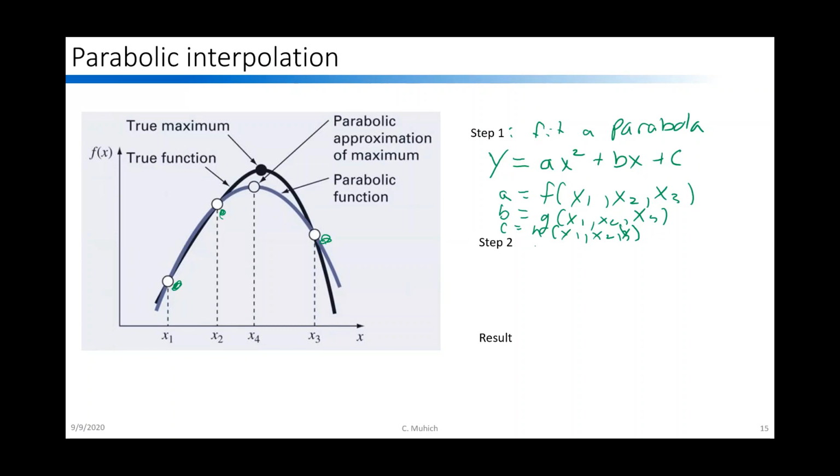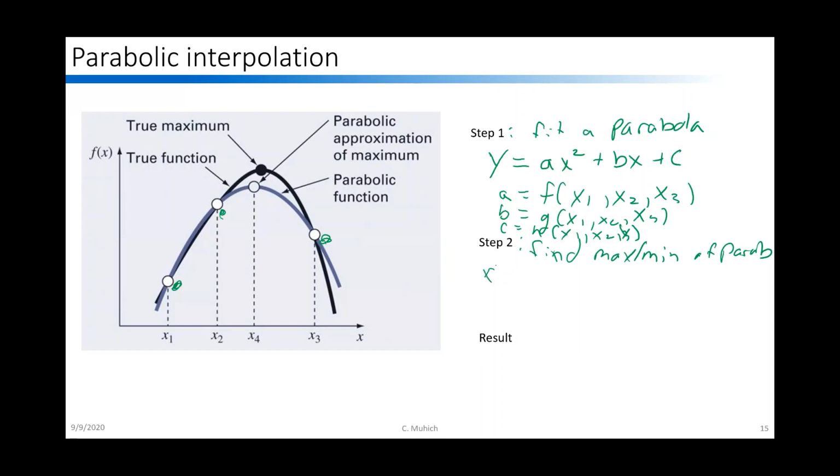So once we have a paraboloid fit, we want to find the max. To do this, we use the fact that a maximum, or once again, a minimum, is going to occur at the first derivative being zero.